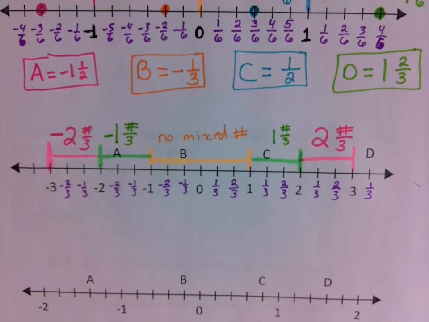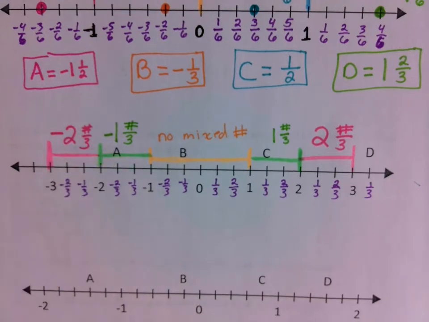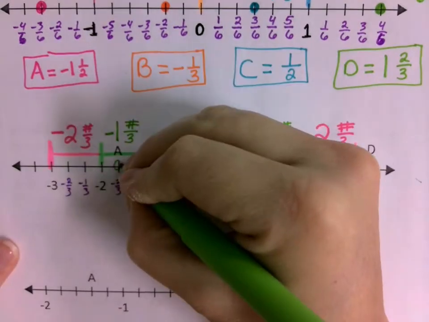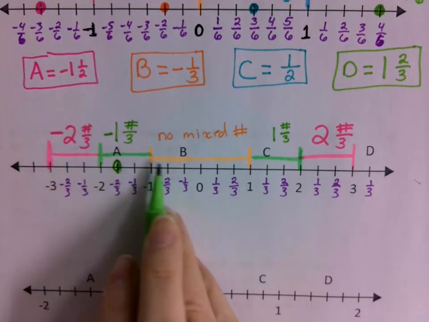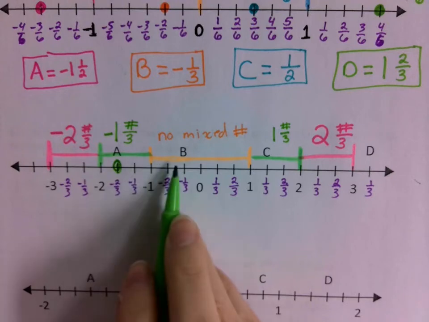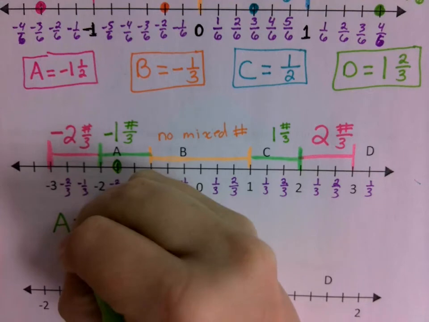So it's just showing you how they split. Let's go ahead and focus on each of the specific points here. Point A is located at this mark. It's in between the -1 and the -2, so it has a whole number of -1. And what's the fraction of it?